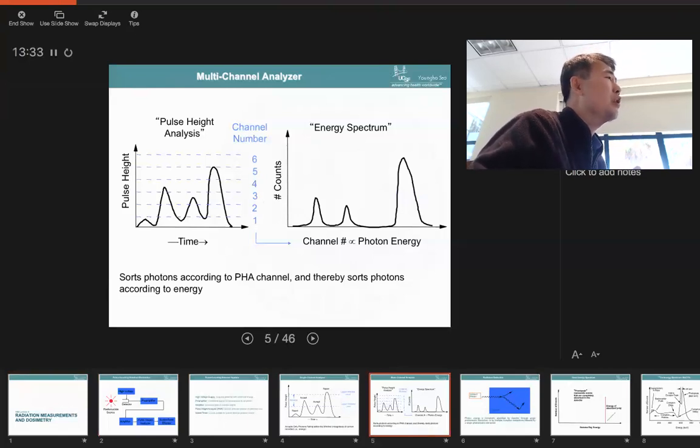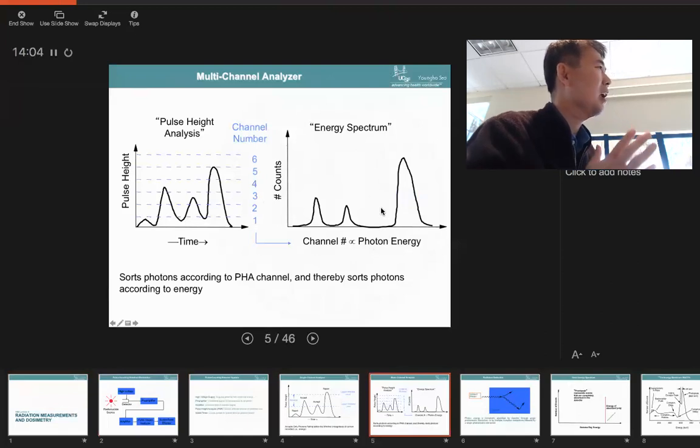Cobalt 57 is a radionuclide that emits, what is it, 120 something? I don't remember exactly, but it's very close to 140 keV, a single energy level gamma ray emission. If you get the energy spectrum of cobalt 57 using this type of multi-channel analyzer, you can see the peak of that single energy. So you can define that peak as your channel number corresponding to that energy.